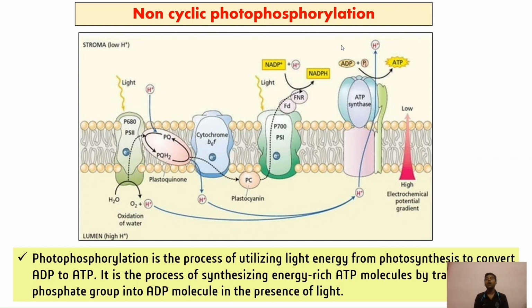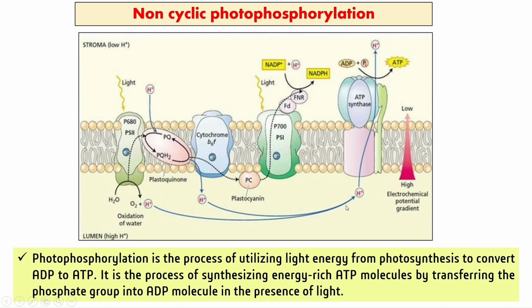Now the question is how ATP is produced. Here protons move towards the lumen in two cases. Number one, when H2O is split, O2 is produced as a byproduct, and electrons jump to Photosystem II and through the cytochrome b6f complex to Photosystem I. And another is during the transfer of protons from plastoquinone to the cytochrome b6f complex, a Q cycle occurs, resulting in protons being transferred to the lumen of the thylakoid membrane.